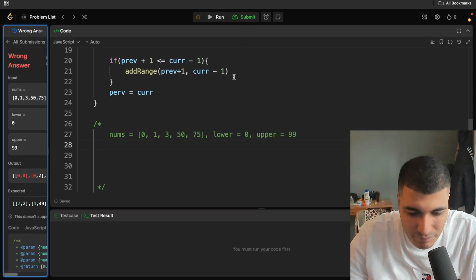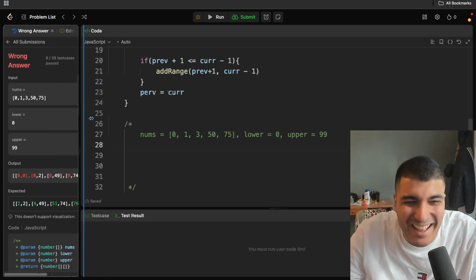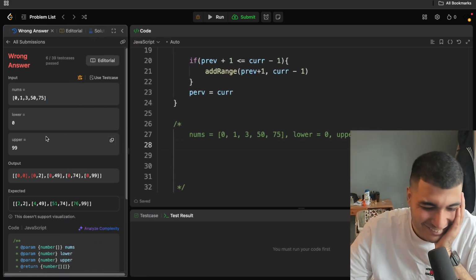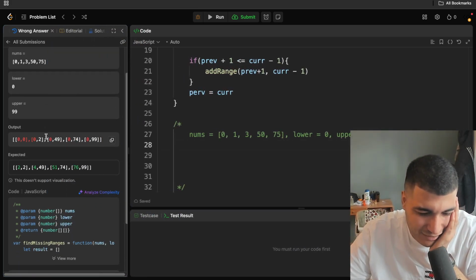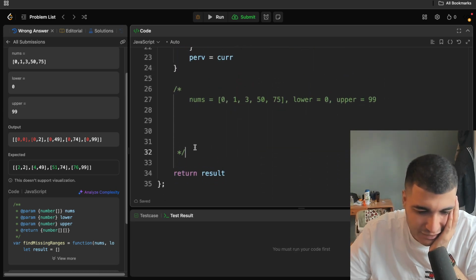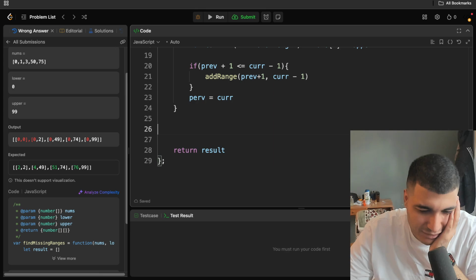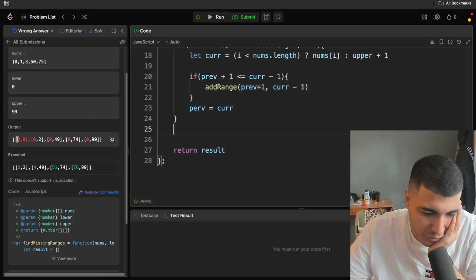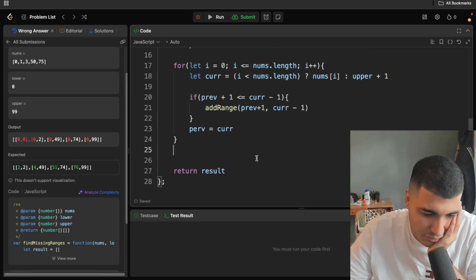Let's submit and see. It didn't work. Why didn't it work? Okay, let's see. We have 0 and 0 in the output.